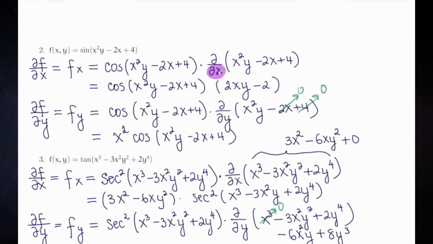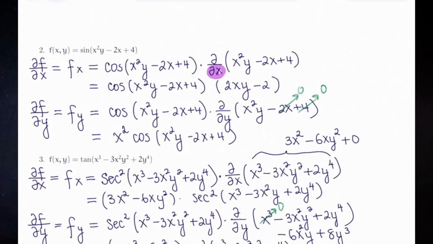So for the final answer, I'm going to put this polynomial up front, rearrange the terms a little bit: 8y cubed minus 6x squared y, times secant squared of this expression. All right, so that is how we compute partial derivatives.